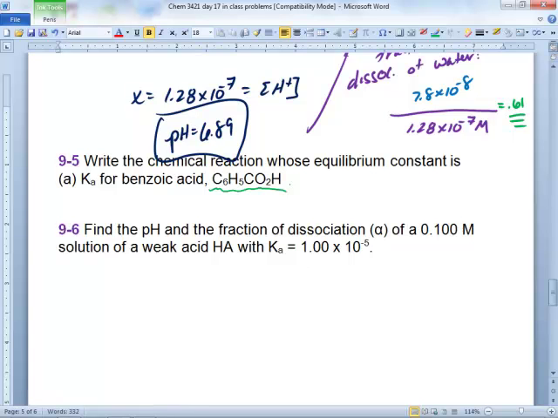In number 6, remember the fraction of dissociation is just X all over that original formality. And the X is the X in ICE for the Ka reaction. Right.